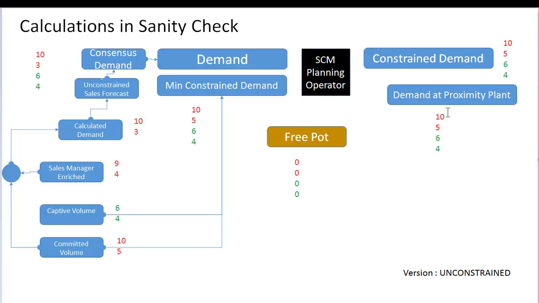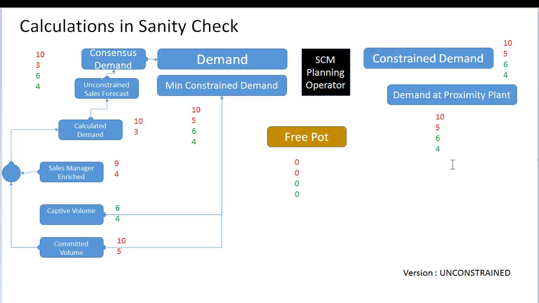It is important then to notice that the demand at proximity plant will contain the highest from the minimum constraint demand or the consensus demand. This will allow to carry over these values to all the phases in the supply plan calculation.